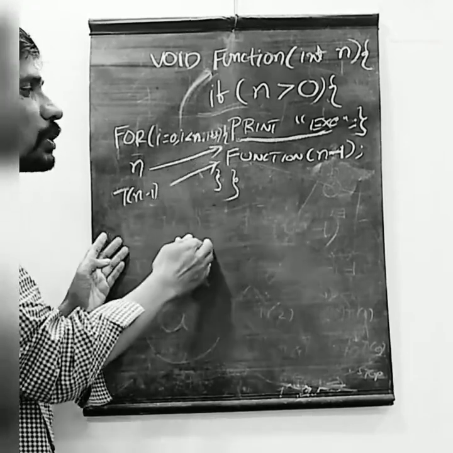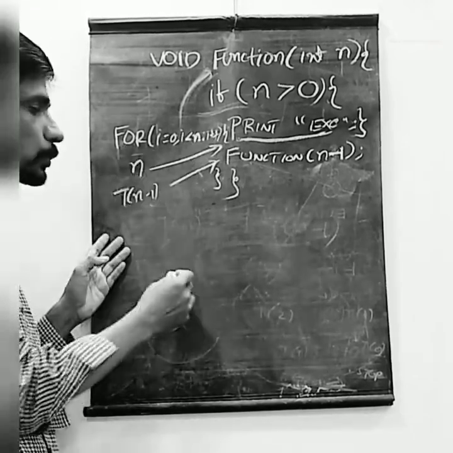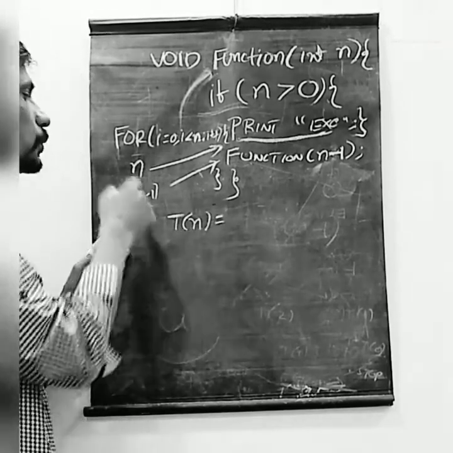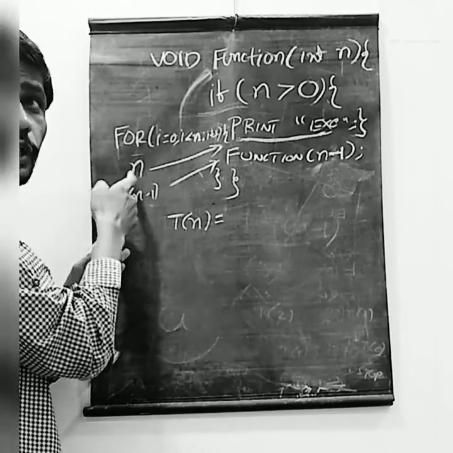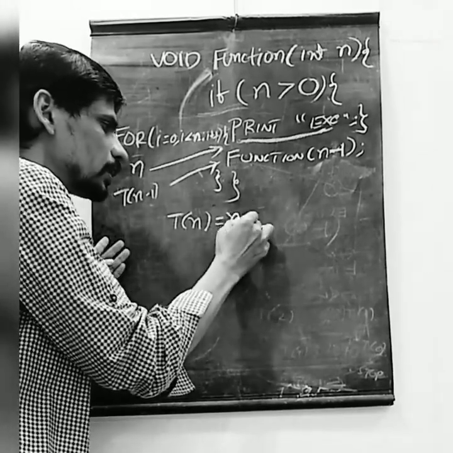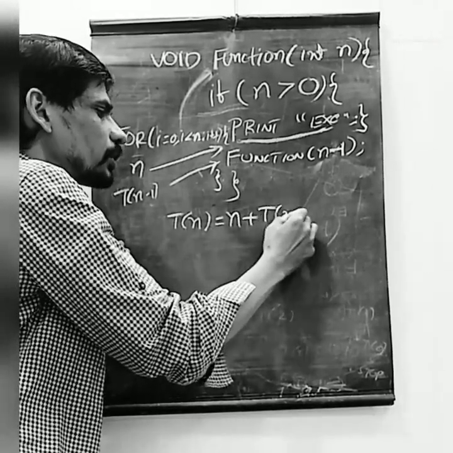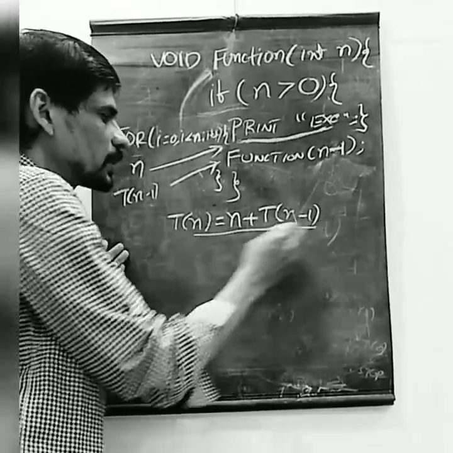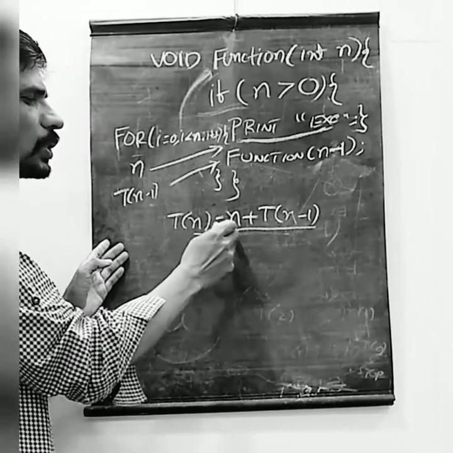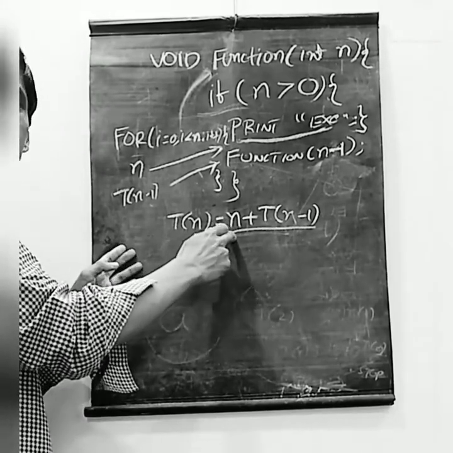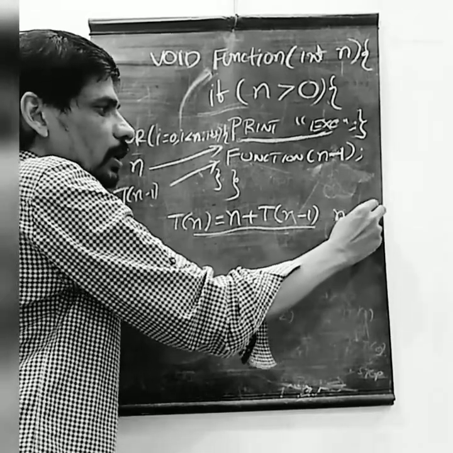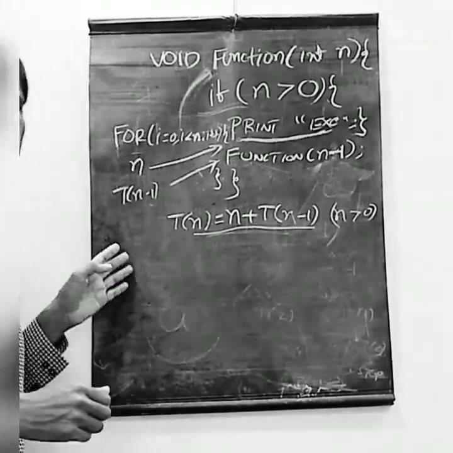So now what will be my recurrence relation for this program? T of n equals n plus t of n minus 1, instead of 1 previously. So if you observe the previous scenario and now, the only change is, previously 1, now it is n. This is for n greater than 0, right?